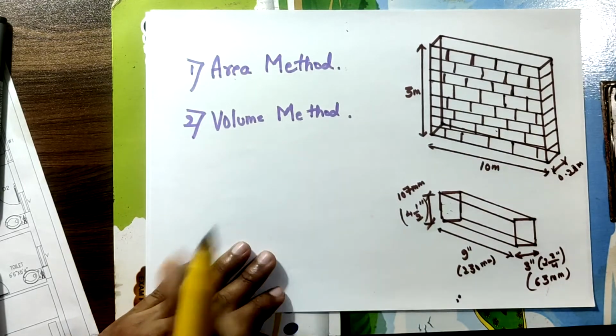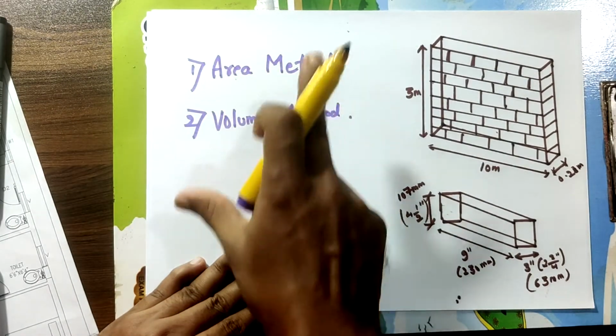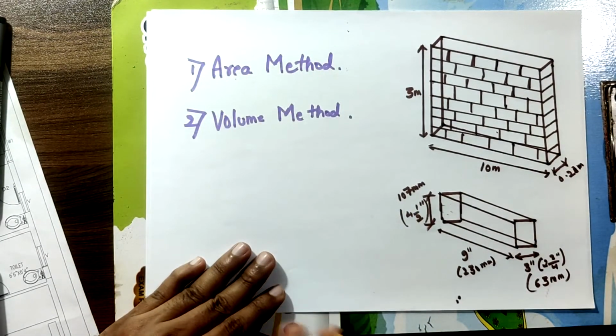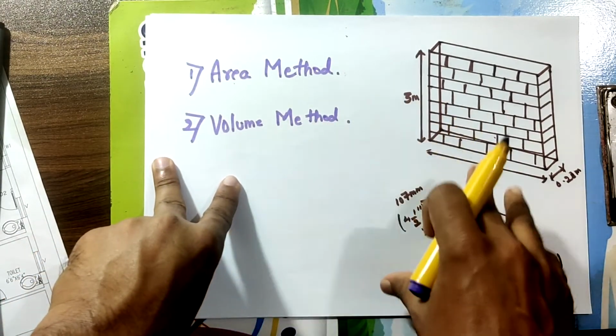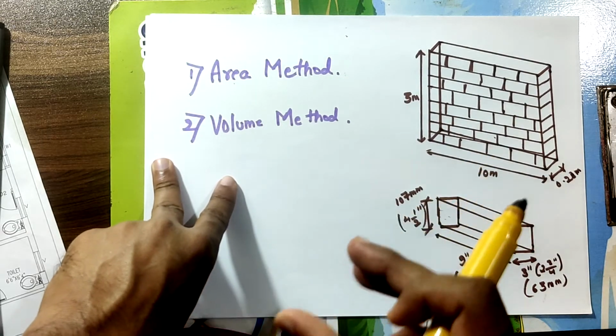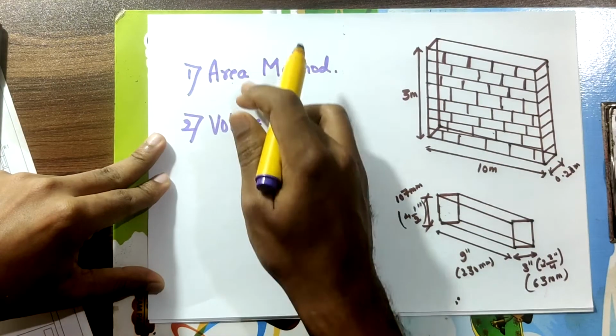Let me explain one particular method, the area method, in this video in detail. And I will also give a thumb rule, or a quick formula, to calculate the number of bricks. Let me explain the area method.